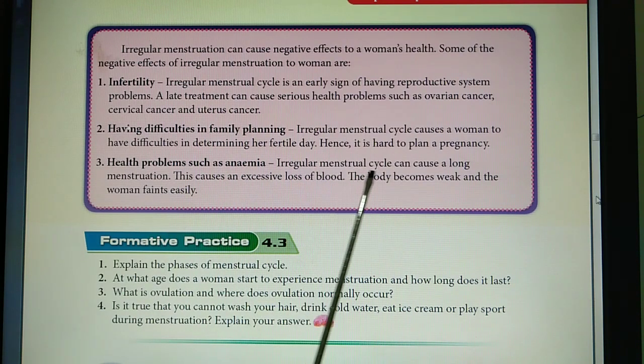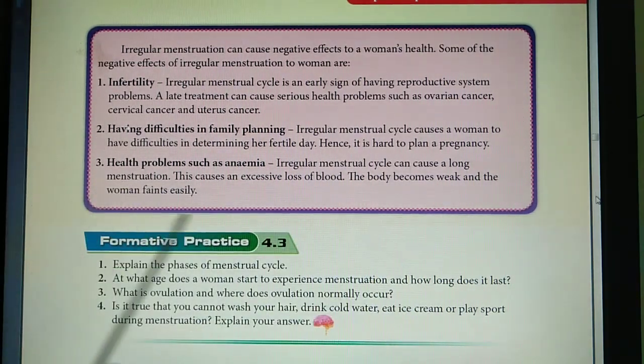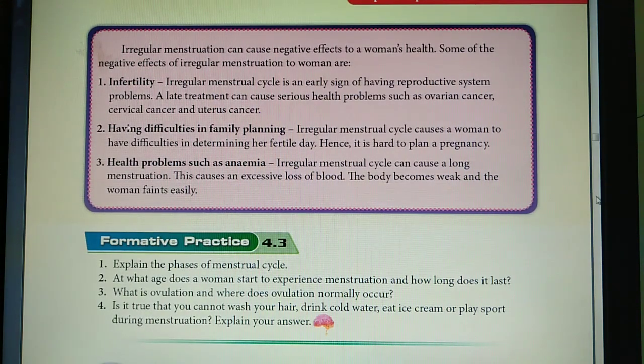And this one can cause a long menstruation, an excessive loss of blood, the body becomes weak, and the woman faints easily. So I hope all of you can understand the negative effects on women when they have irregular menstruation.